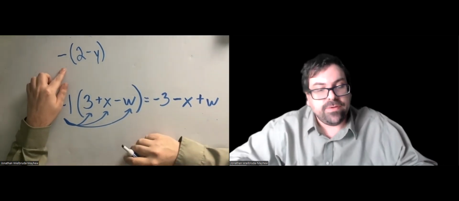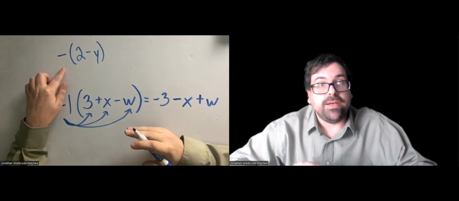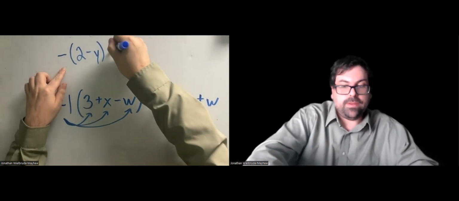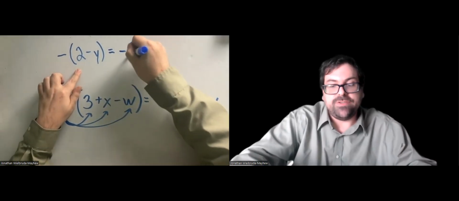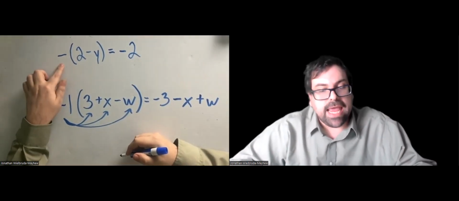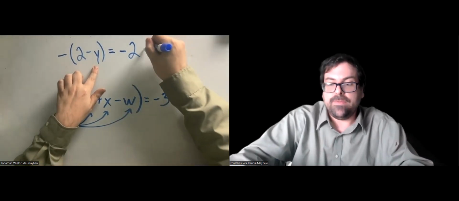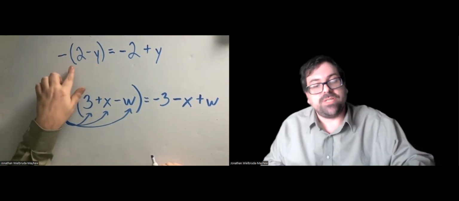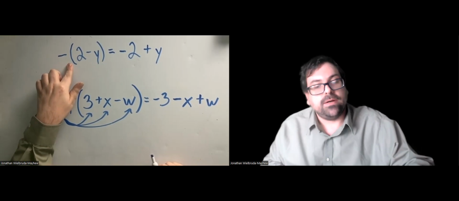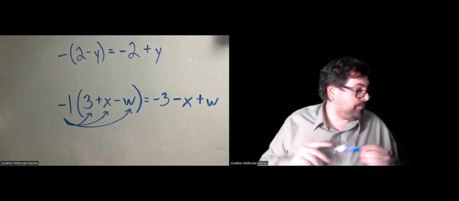Distributing a negative means multiplying by -1. -1 times +2 is -2. -1 times -y is +y. So just because we don't see a 1 here, minus right up against parentheses is the same as multiplying by -1.